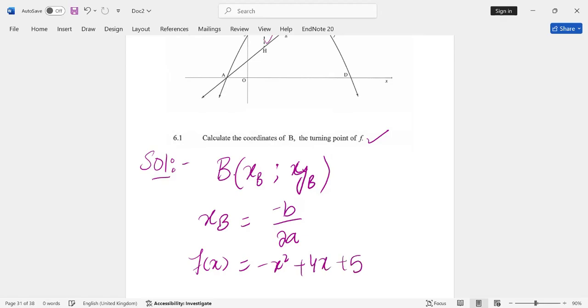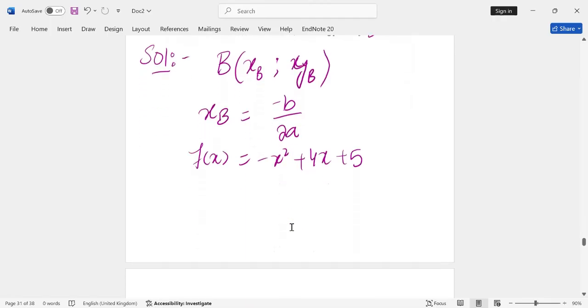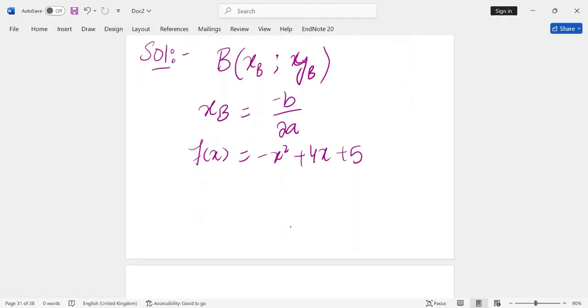All right. So I'm just going to put the values. We have the value of a is minus 1, the value of b is 4, and the value of c is 5. So I'm just putting the values in this equation.